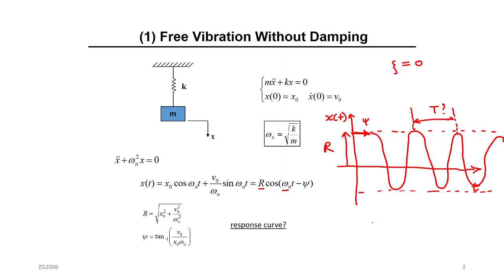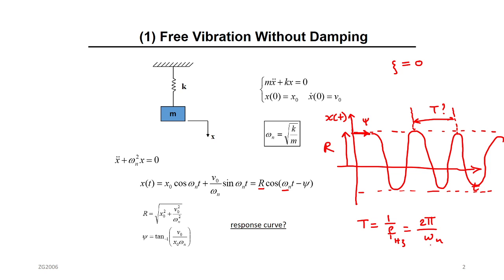So the period will be equal to 1 over the frequency in hertz. Frequency in hertz means cycles per second. If you change it to omega, the default is radian per second, so it's going to be 2 pi over omega n.